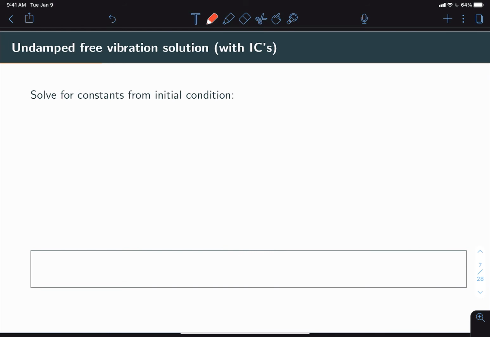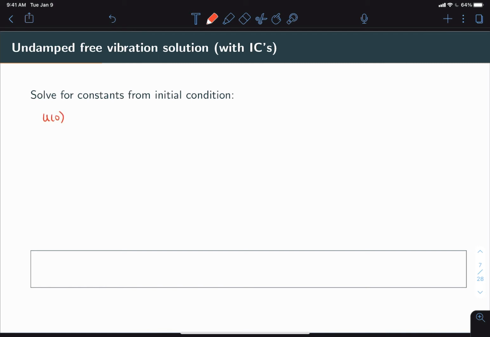All right, so that's our general solution, and we can't go any further until we consider the initial conditions. So let's actually do that and plug in our initial conditions to the general solution. So we'll start with the displacement initial condition, which is u of 0.